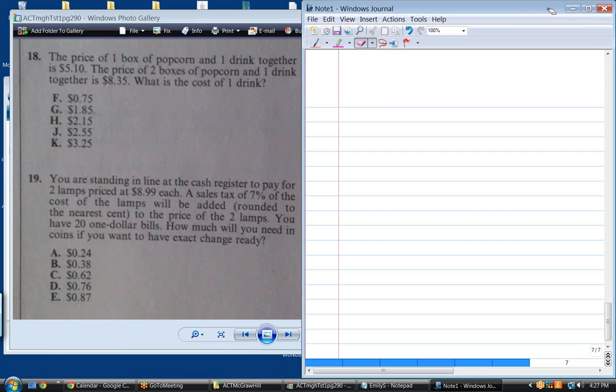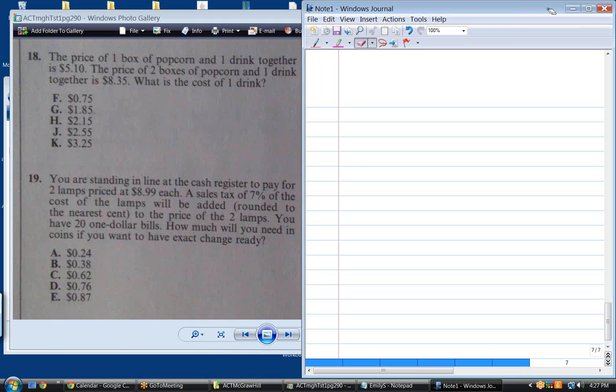The price of 1 popcorn and 1 drink is 5.10. So if 2 boxes of popcorn and 1 drink is $8.35, what does it allow you to actually calculate as the cost of something?